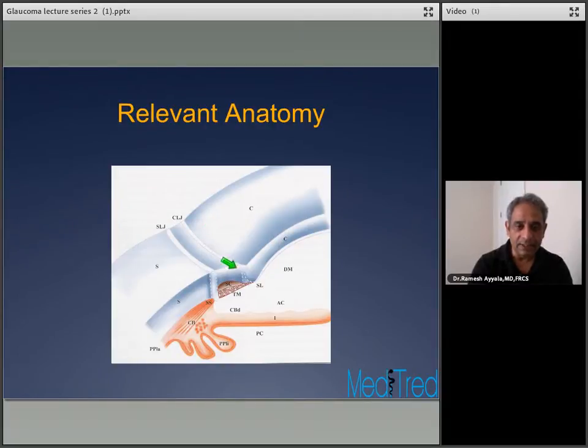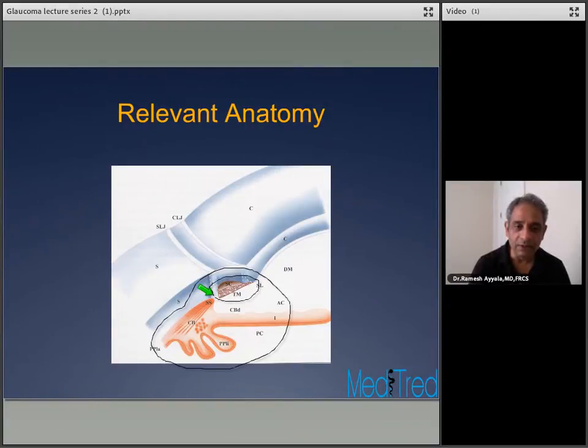This is the site of interest for us from the glaucoma point of view. You have the ciliary body, which is the site of production of the aqueous humor, and you have the trabecular meshwork and the Schlemm canal complex, which is the site of outflow pathway for the aqueous humor.